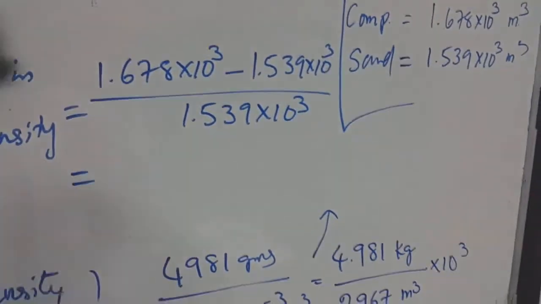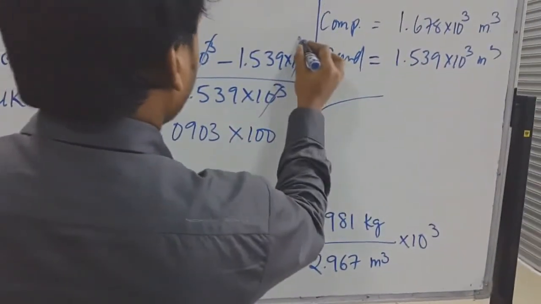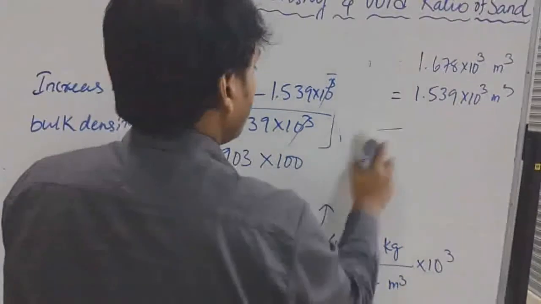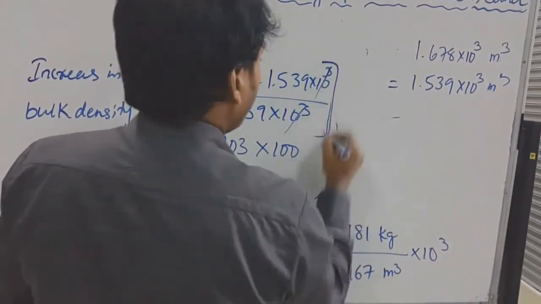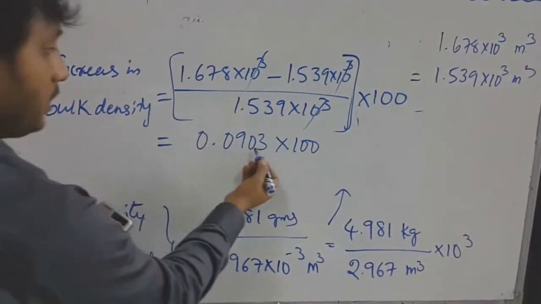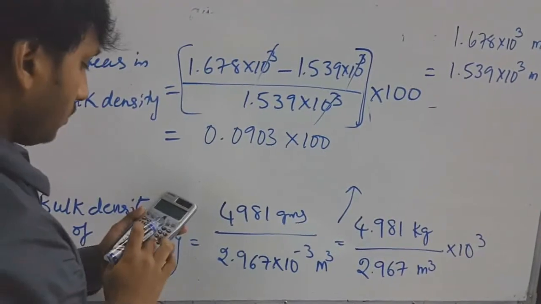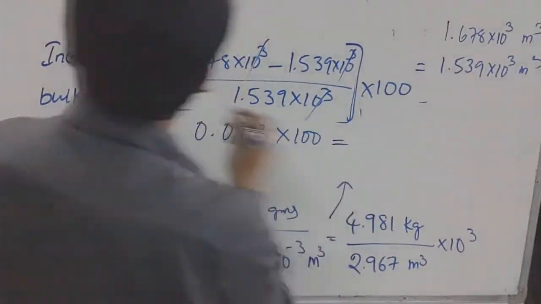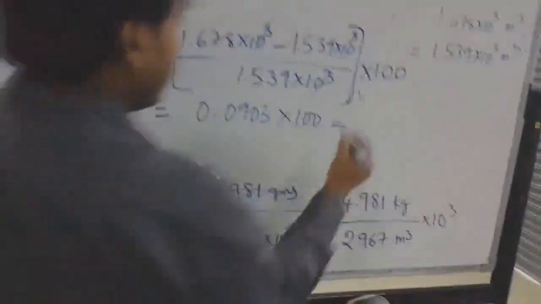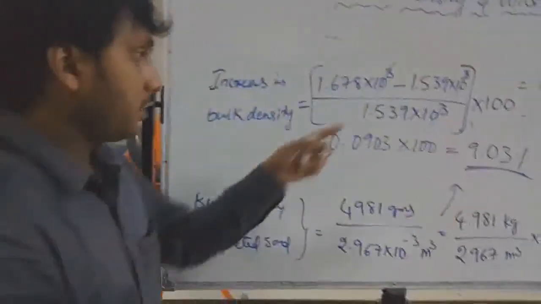So if you calculate, you get 0.0903, multiplied by 100. So the percentage increase in bulk density is 9.03%. This is the final result: the increase in bulk density is 9.03%.